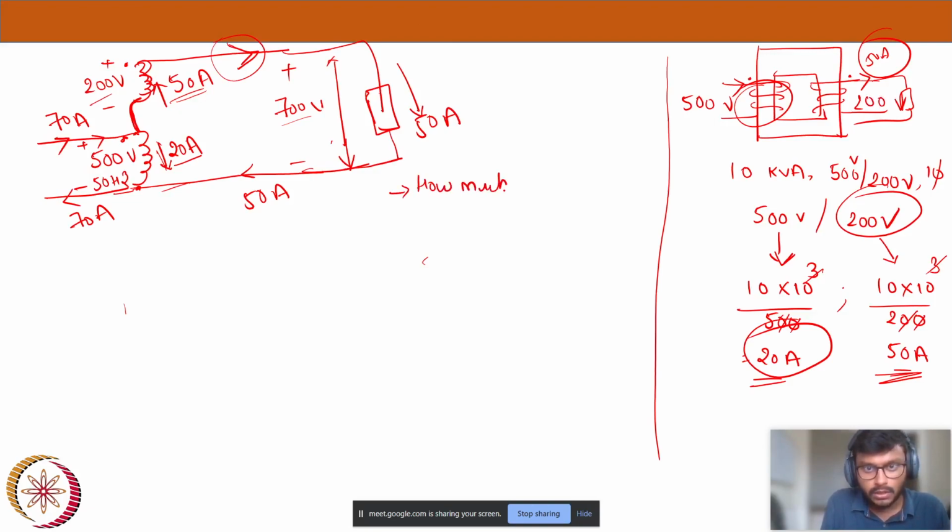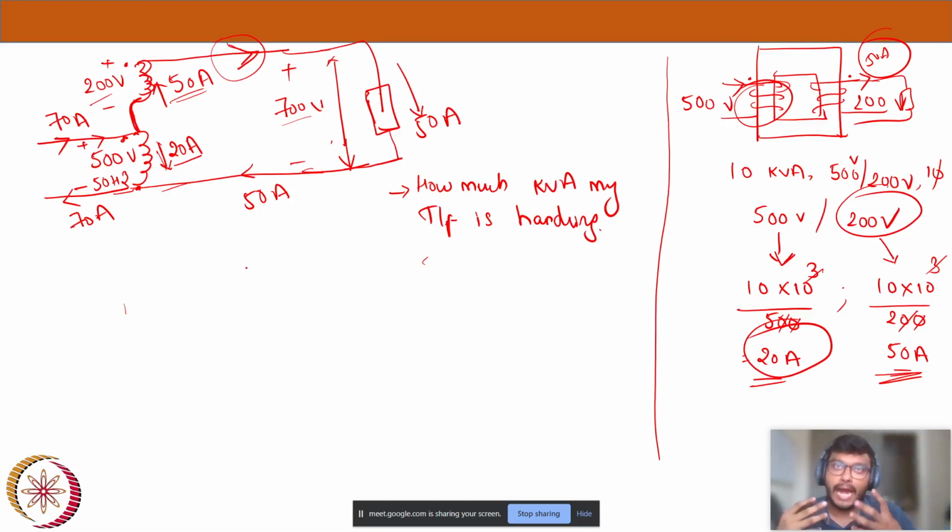When we talk about kVA handled by a transformer, we should see how much kVA is supplied by the transformer, how much kVA is delivered to the load. So this is nothing but the total kVA handled by the transformer.